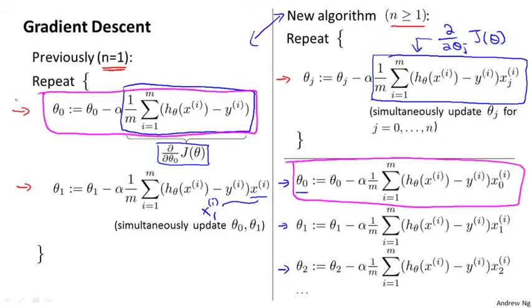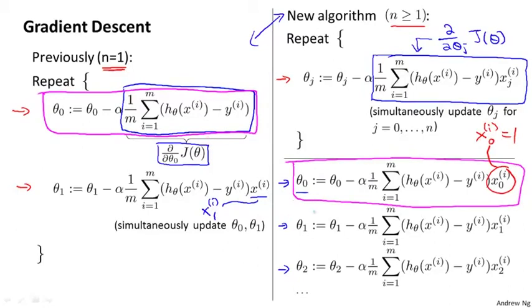And the reason that they're equivalent is, of course, because in our notational convention, we had this x0 equals 1 convention, which is why these two terms that I've drawn the magenta boxes around are equivalent.